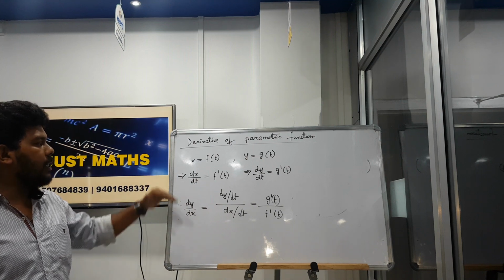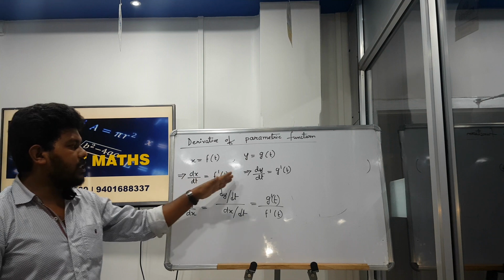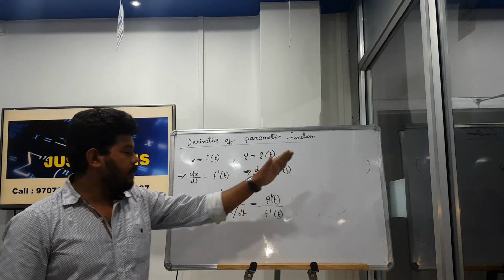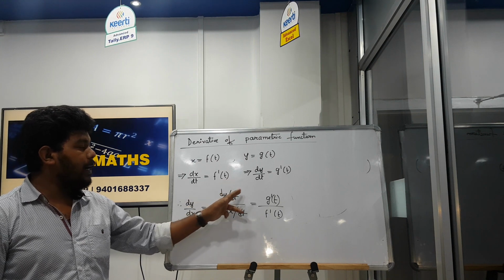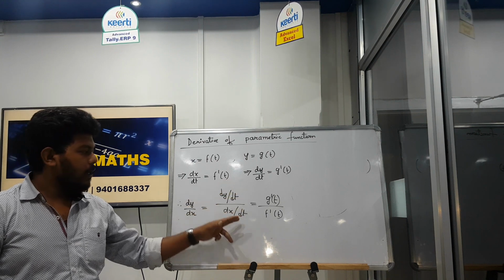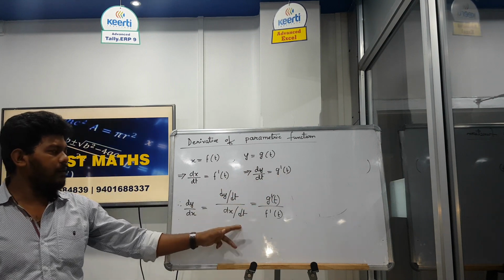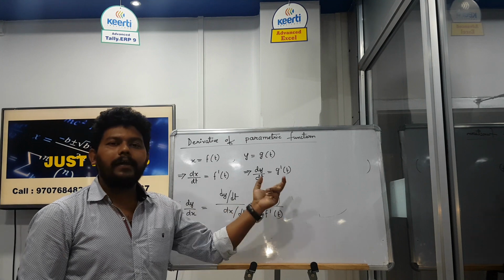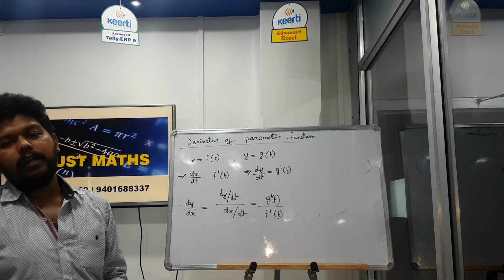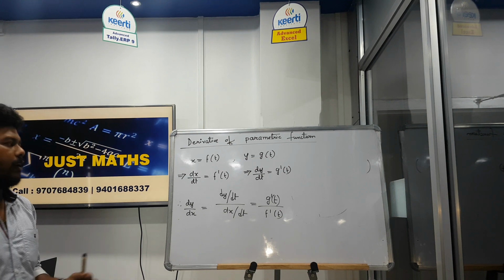Now, if I differentiate x and y with respect to t, we will get f dash t and g dash t. Hence, we will find dy by dx is equal to the ratio of dy by dt and dx by dt. What is dy by dt? G dash t, and the value of dx by dt is f dash t. This is the value of dy by dx in terms of the third variable t. This is called the derivative of a parametric function.